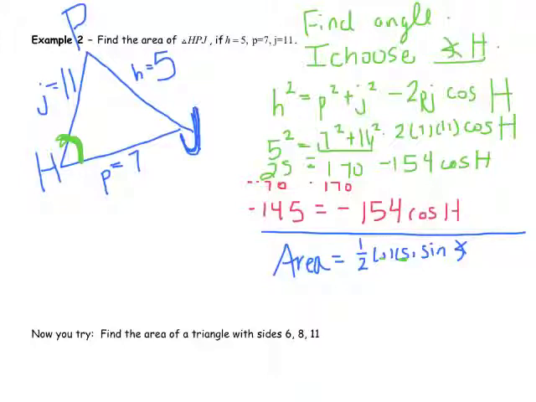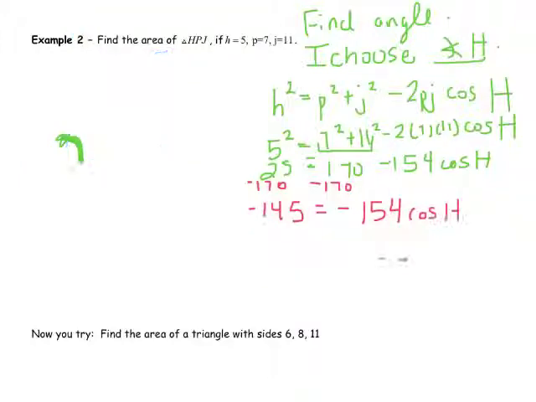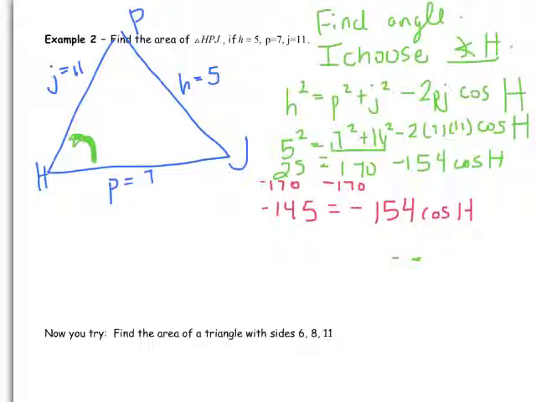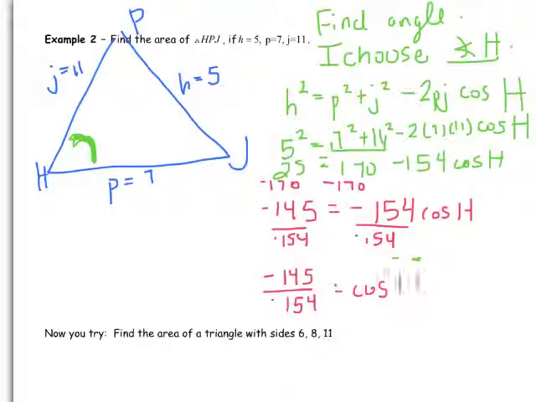Okay, so my next step is to divide by negative 154. So I get negative 145 over negative 154 equals cosine h.